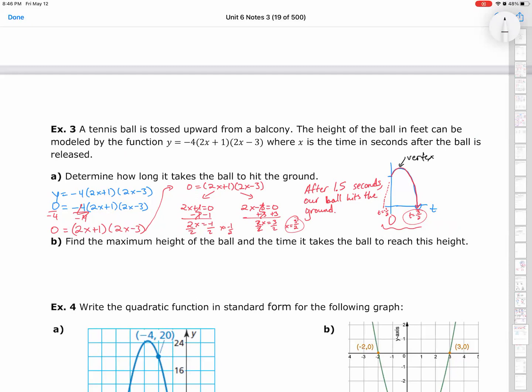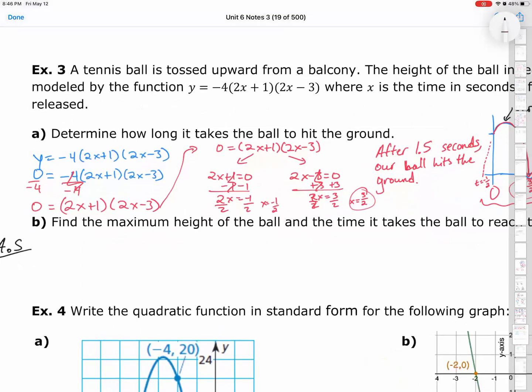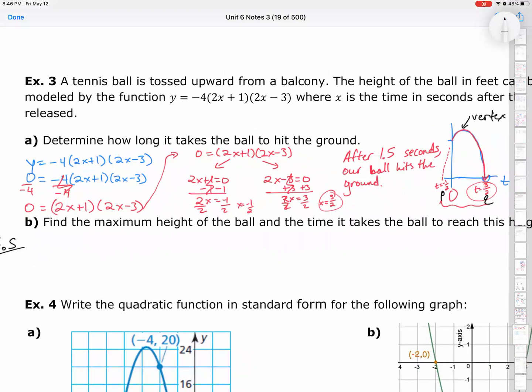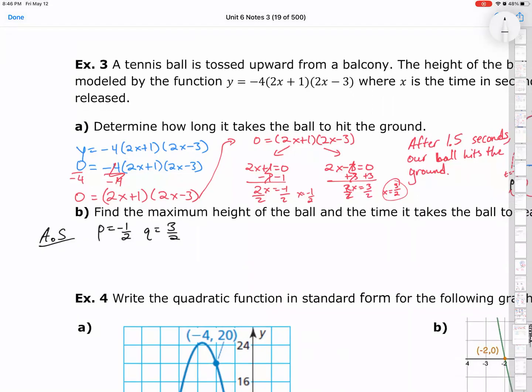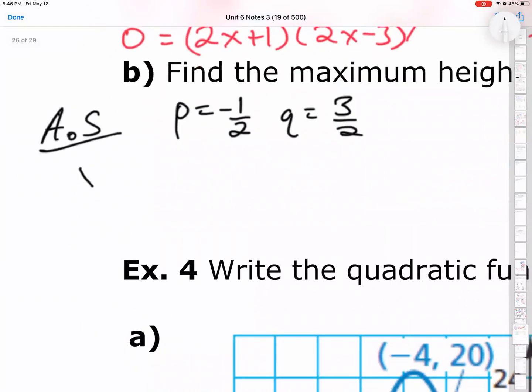So to find the axis of symmetry, we're going to take our P and our Q. Again, doesn't really matter which one's P and which one's Q. So I just said P is the -1/2, Q is the 3/2. And for our axis of symmetry, we know x is equal to P plus Q divided by 2.